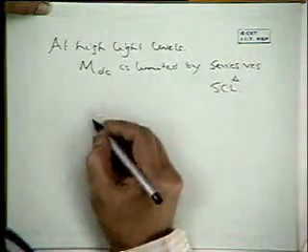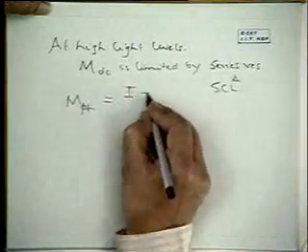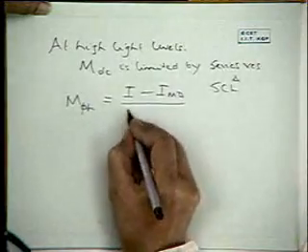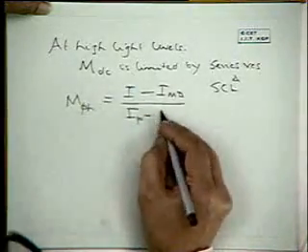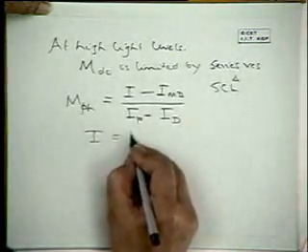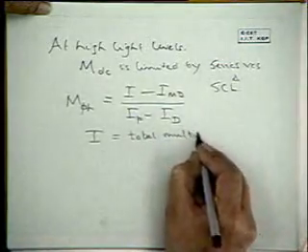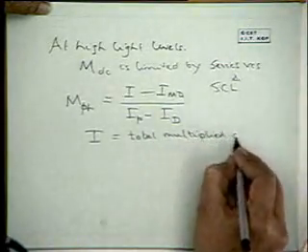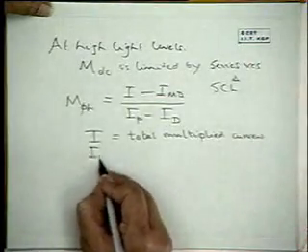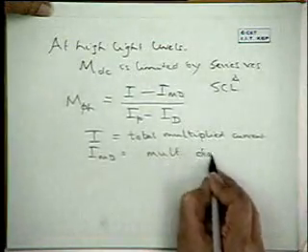But if you neglect that, then M photocurrent is equal to (I minus IMD) over (IP minus ID), where I is the total multiplied current, IMD is the multiplied dark current.